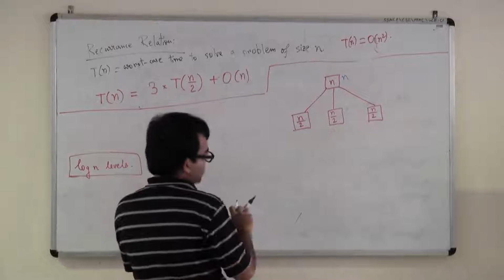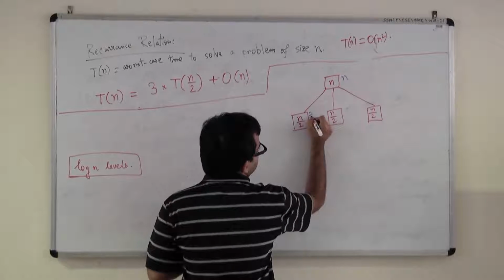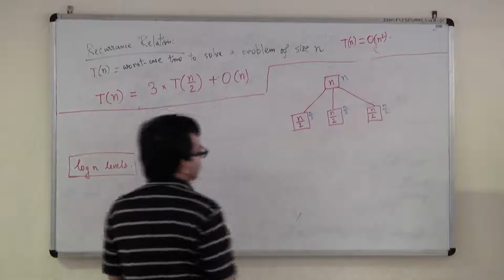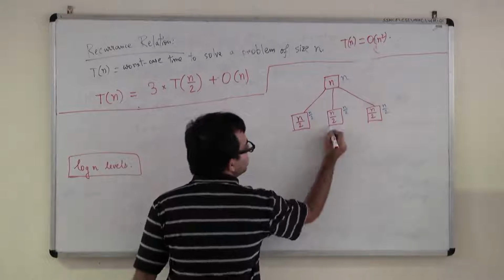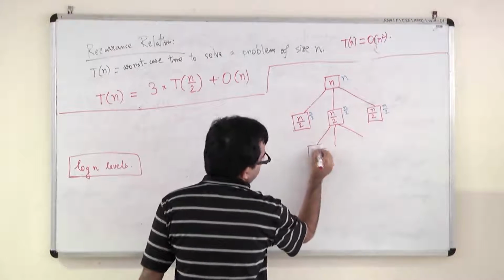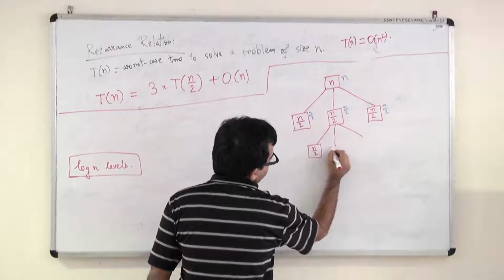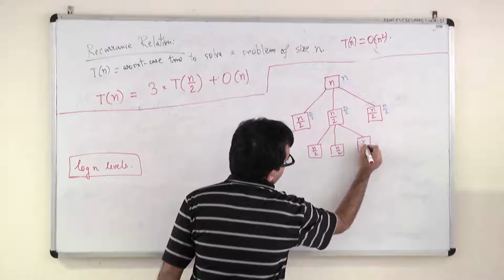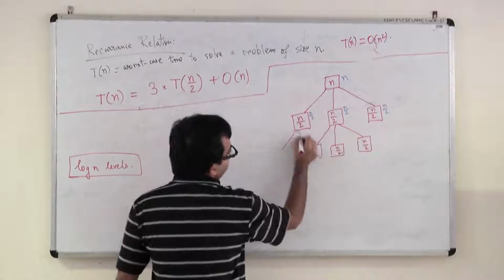So what will be the cost of this combine step? Again n by 2 each, right? Now each of these children will in turn have 3 more children. And so on. This will go on like this.